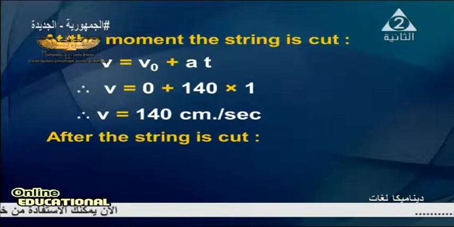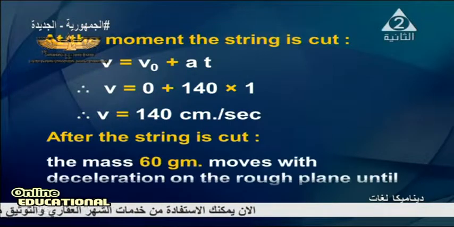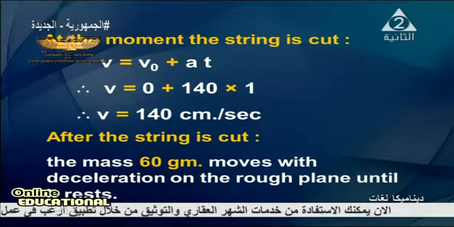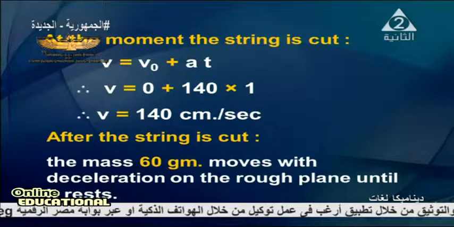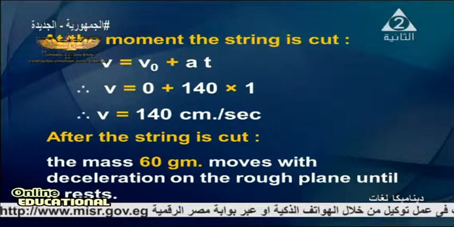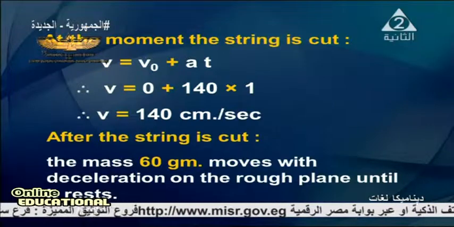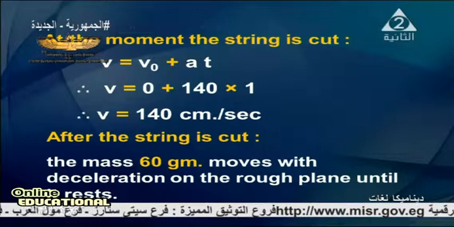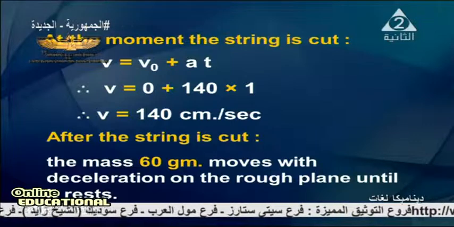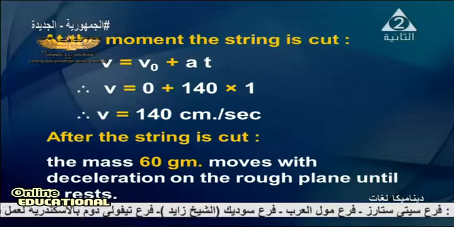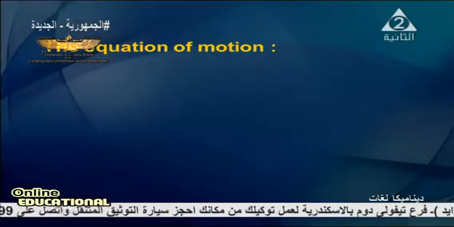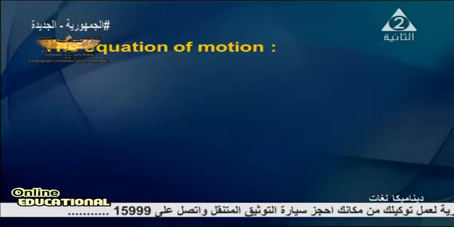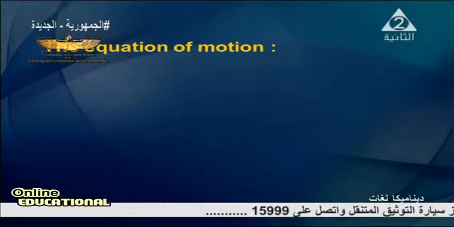After the string is cut, the mass 60 gram moves with deceleration on the rough plane until it rests. Deceleration means the velocity decreases until it comes to rest, where the velocity equals 0. Then we have the equation of motion of the body on the table. The tension equals 0 because the string is cut.